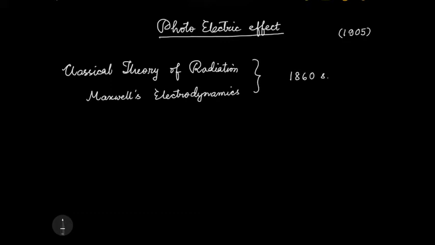And then in 1905, Einstein had to come up with a new theory, which eventually explained this. Einstein will not only come up with a new theory, he will also propose something that you will see if you do a good enough experiment. And eventually, that is also what was observed. So we will develop our discussion in this particular way.